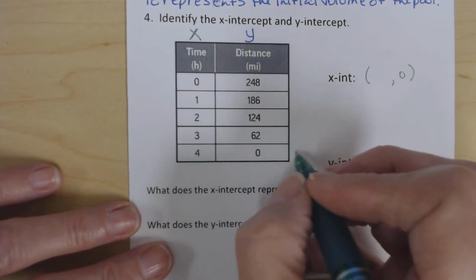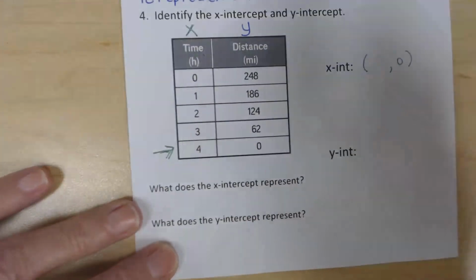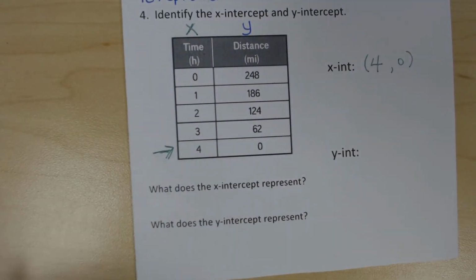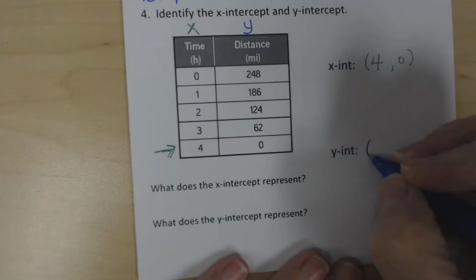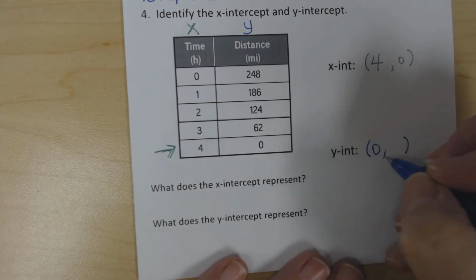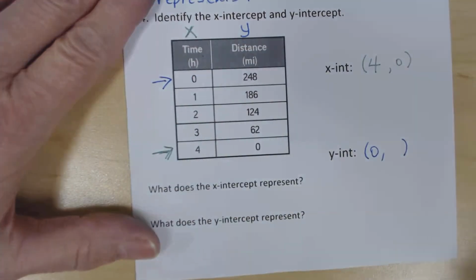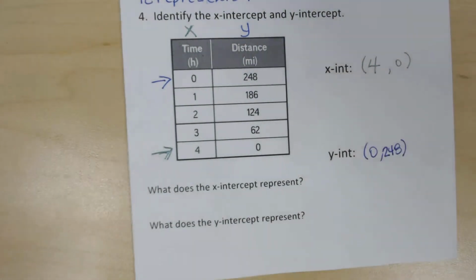Here's where y is equal to 0. So here is our x-intercept. That occurs when x is equal to 4 and y is equal to 0. So after 4 hours, there's no more distance. For the y-intercept, that is when x is equal to 0. And here is our y-intercept, and that is at 248 miles.